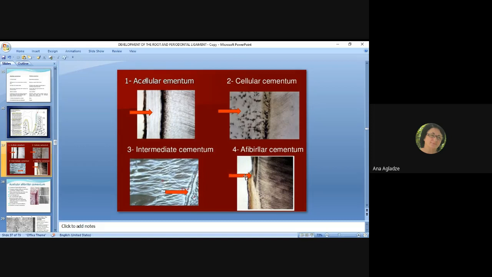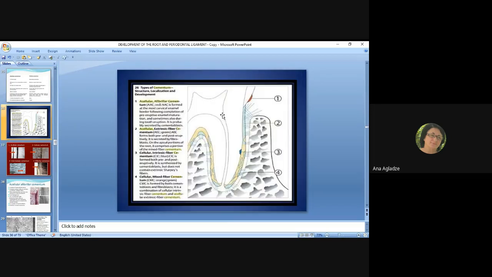And also you can see acellular cementum here. Sometimes this cementum at the cemento-enamel junction overlaps the enamel, and then this disintegrates, and this forms such a fibrillar cellular cementum.